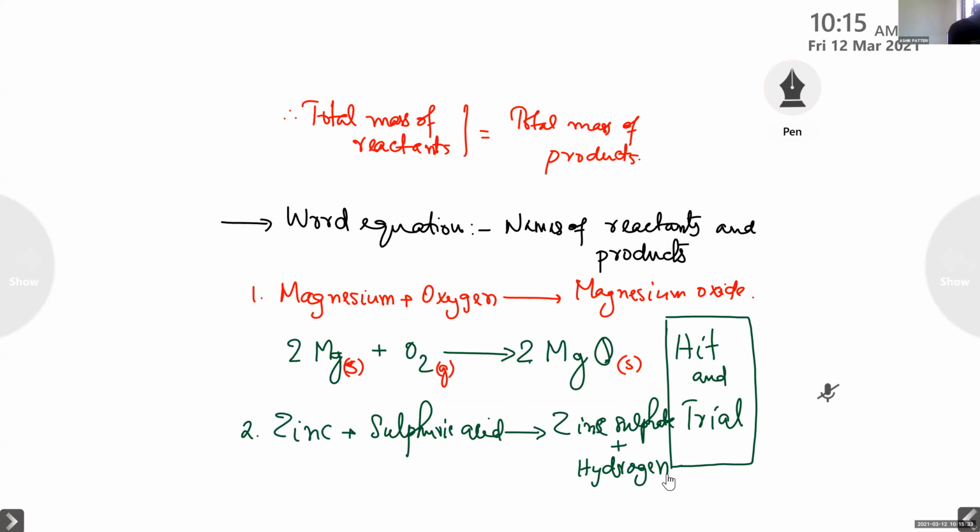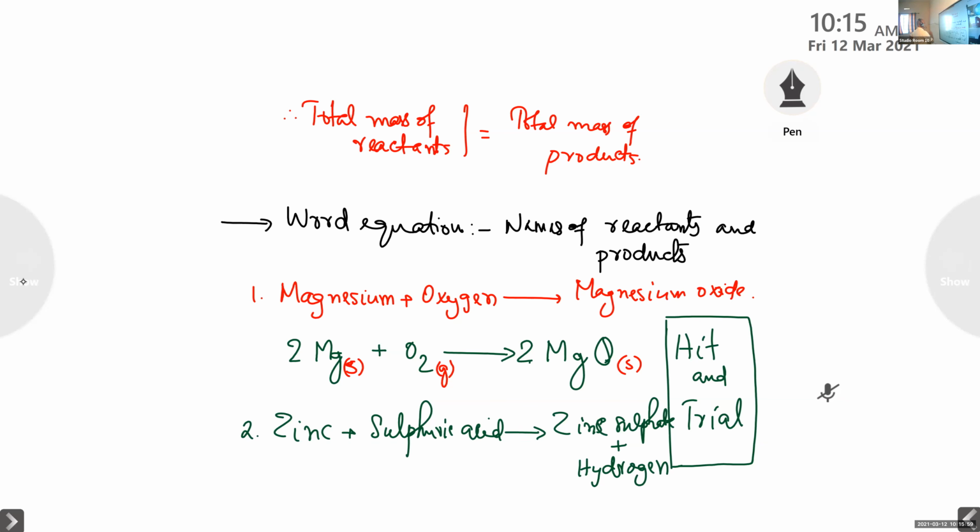Zinc, sulfuric acid, giving zinc sulfate plus hydrogen. So that is the word equation.